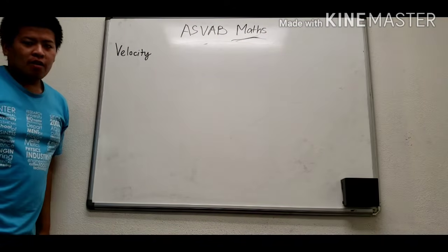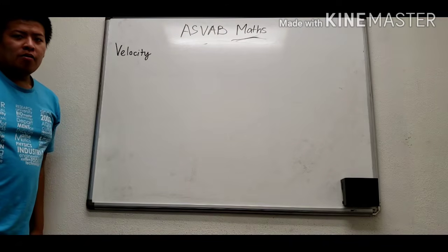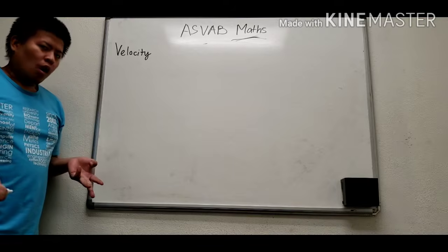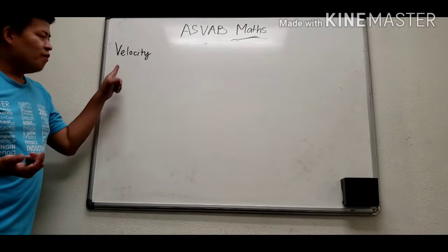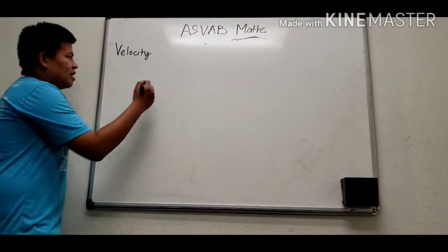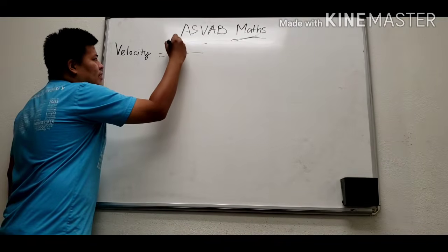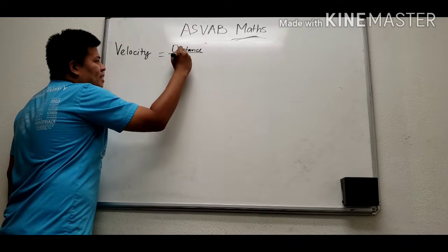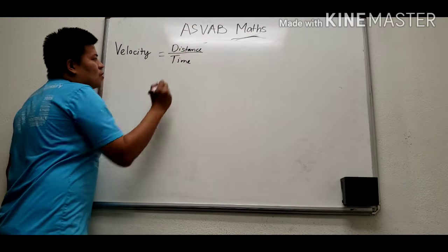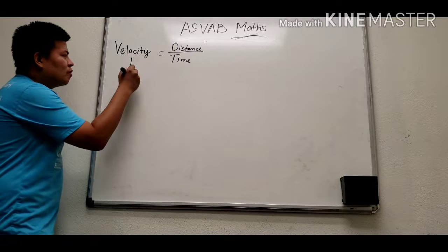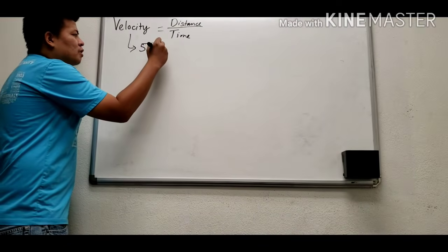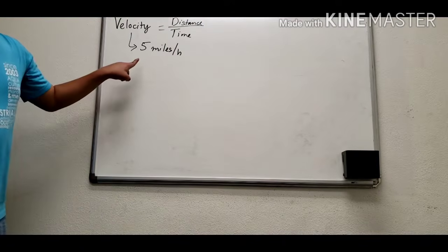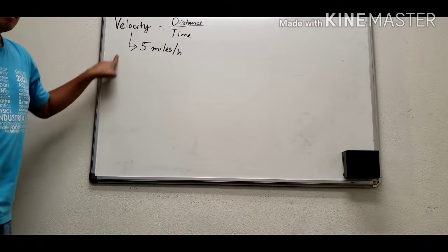Let's talk about velocity. This is about the car, the bicycle, and when we walk outside, we will have velocity. Velocity is the distance divided by time. For example, 5 miles per hour is velocity.